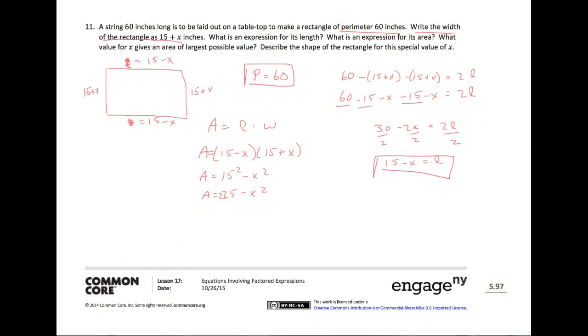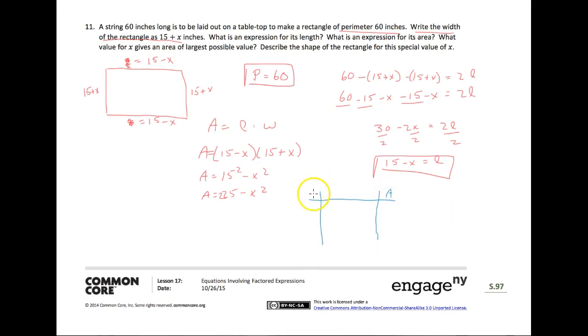All right, now here comes the difficult part. It says, what value of x gives an area of largest possible value? Well, what I'm going to do is create myself a little box here. I'm going to say, how can I get the biggest value for a?